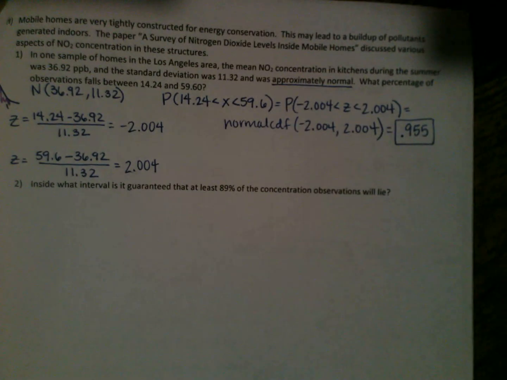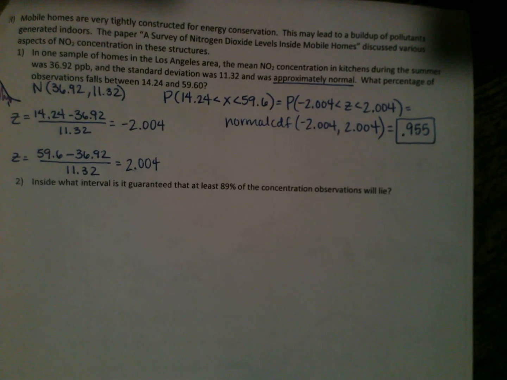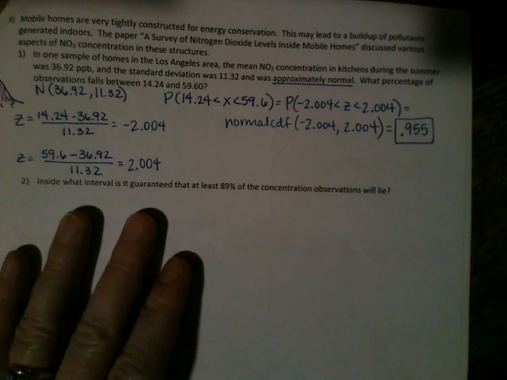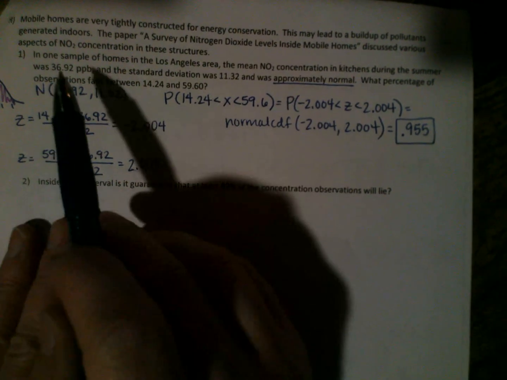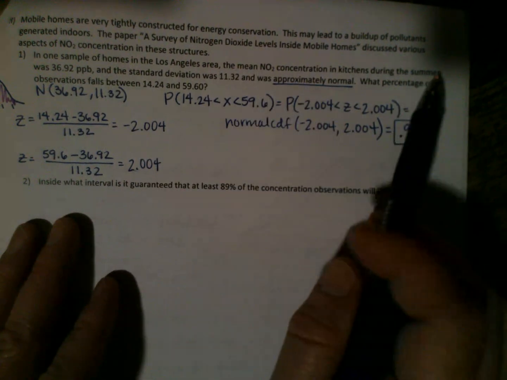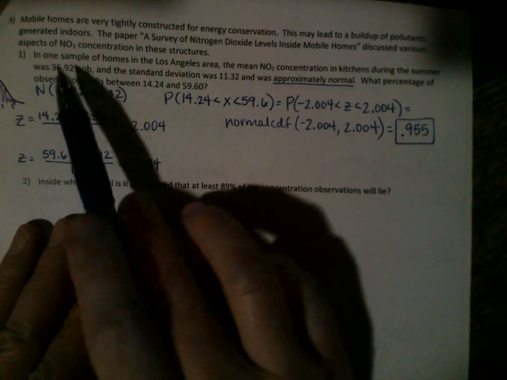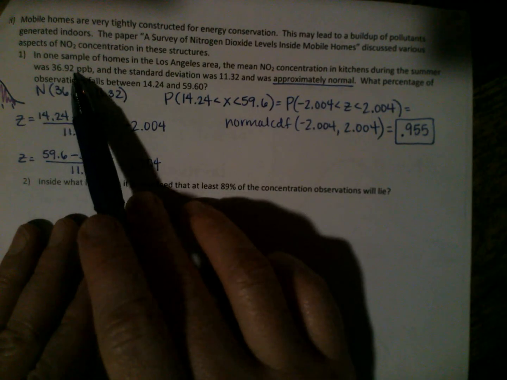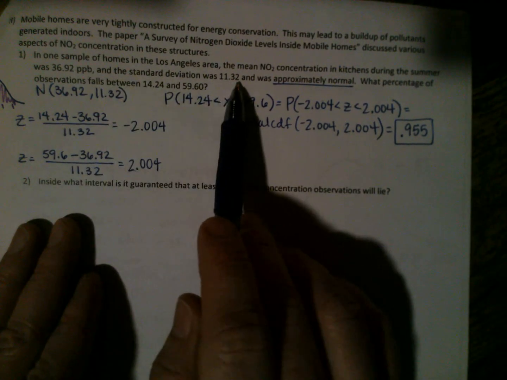Okay, so on this last one, we were looking at nitrogen dioxide concentration. And in part 1, we were told the mean was 36.92, standard deviation was 11.32, and it's approximately normal.